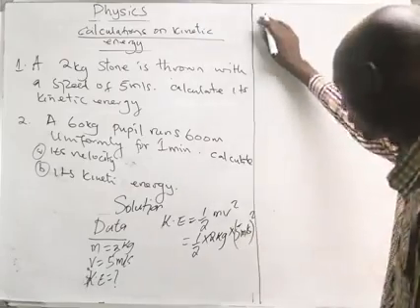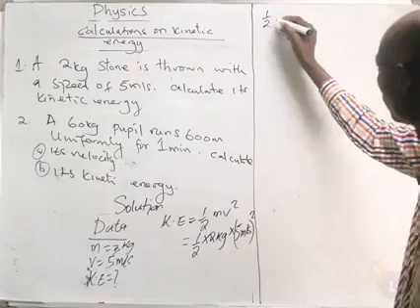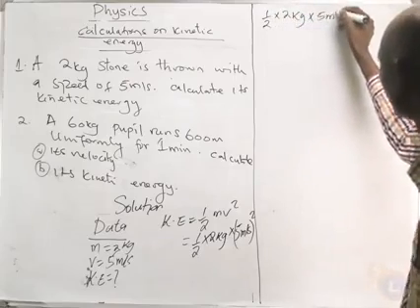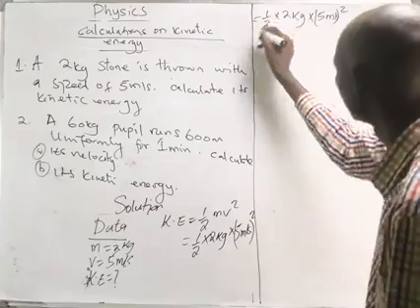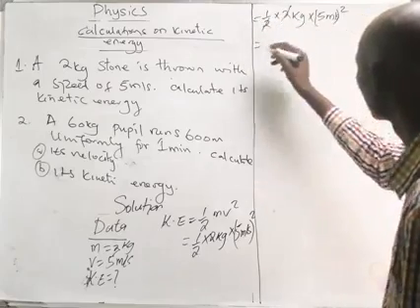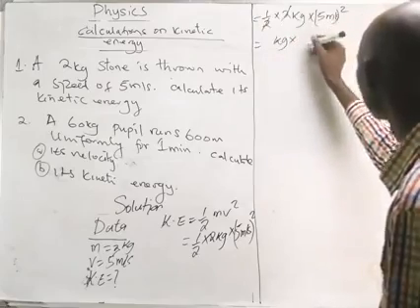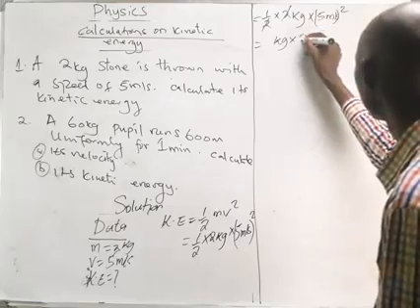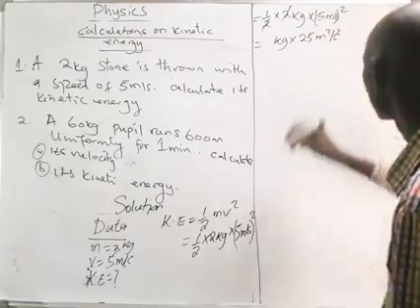So I'll write that on top, and then that will be half times 2 kg times 5 meters per second, everything squared. So this and that will cancel. You remain with 1 kg times 5 squared, which is 25, then meter squared per second squared.